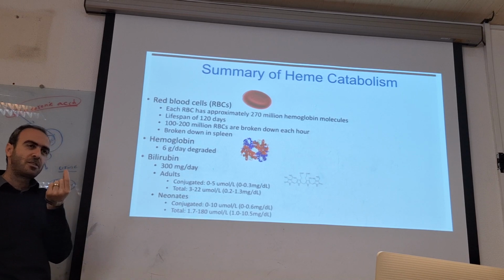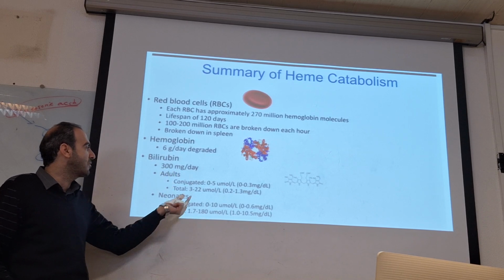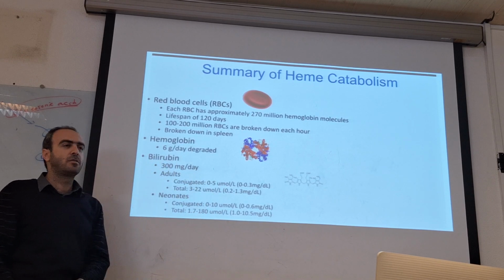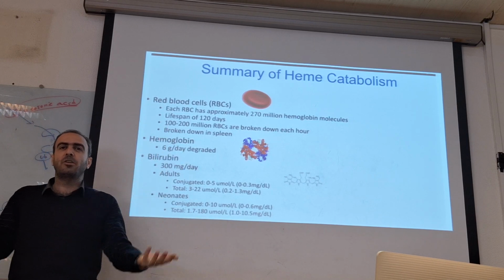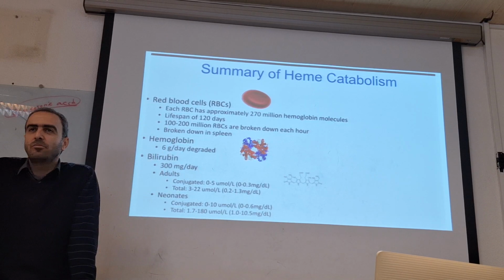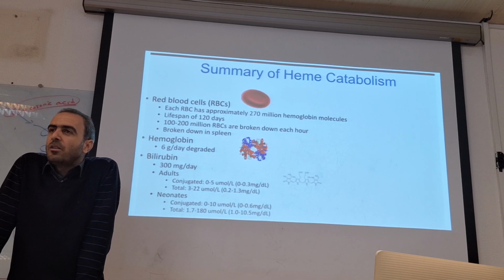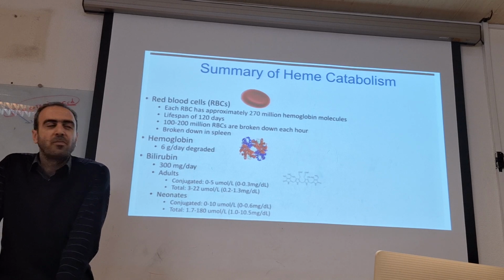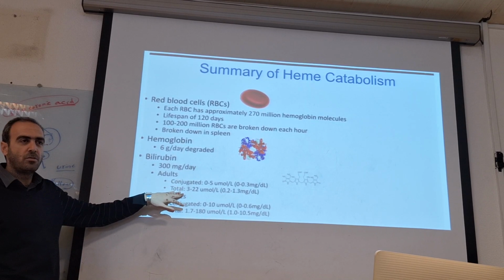The bilirubin production in a day is 300 milligrams, and the concentration is near 1 milligram per deciliter. So we can report conjugated and total.